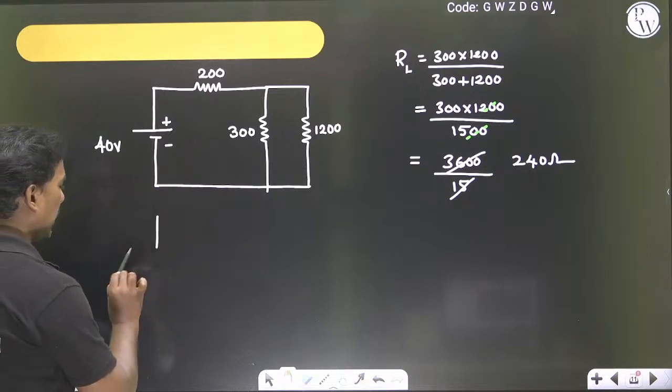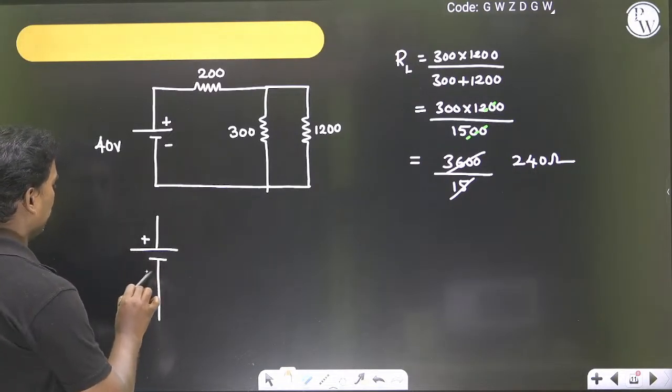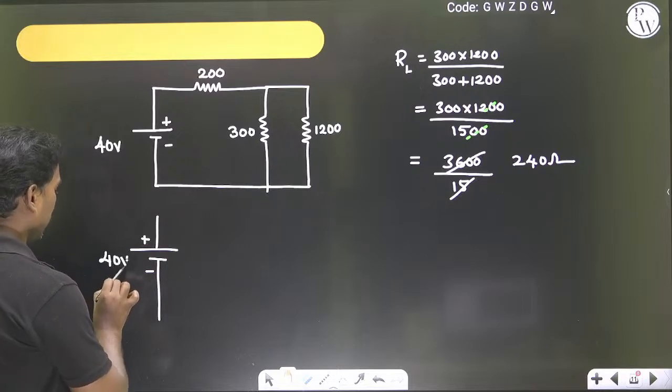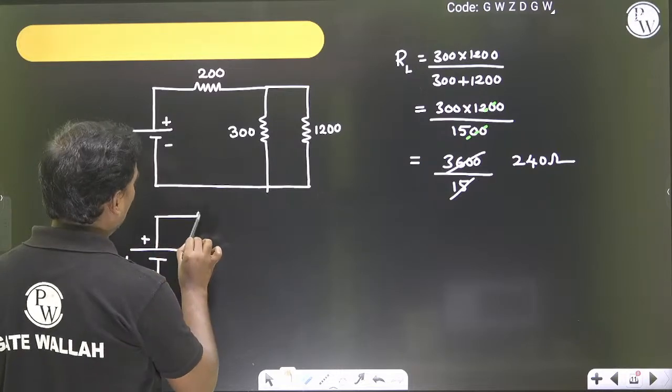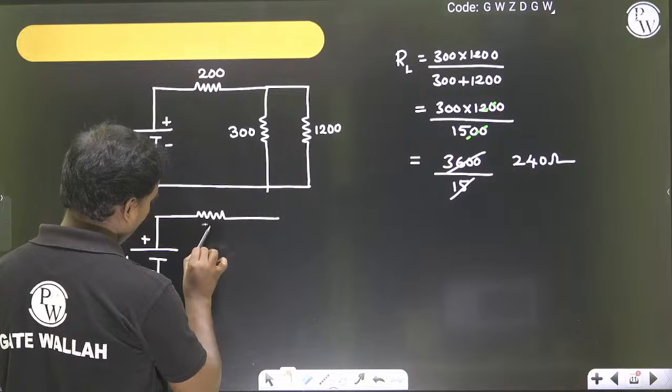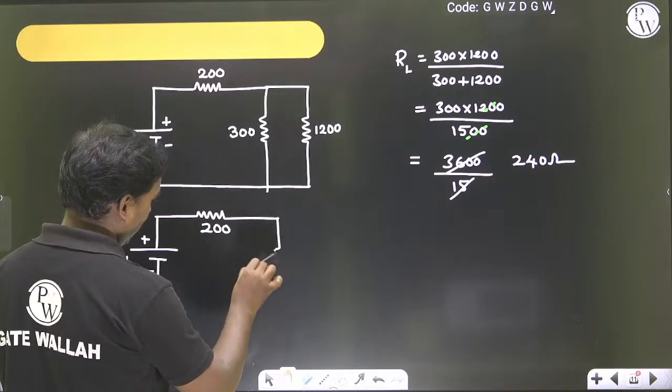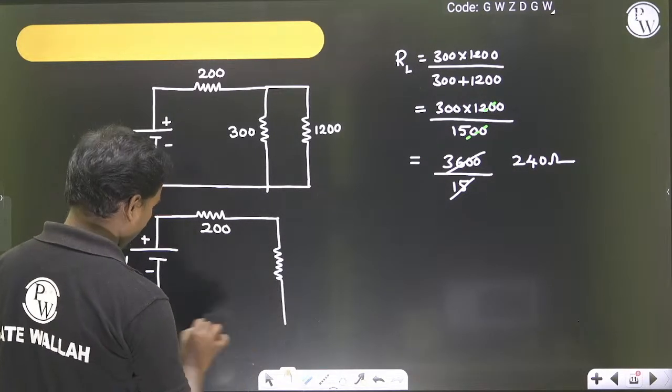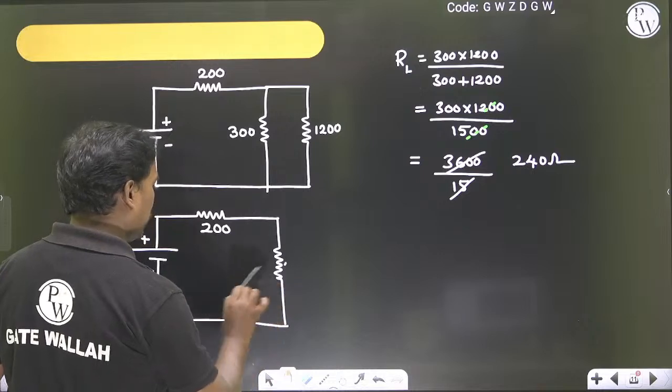So now this entire circuit will become like this: 40 volts, this is 200 and this is 240 ohms.